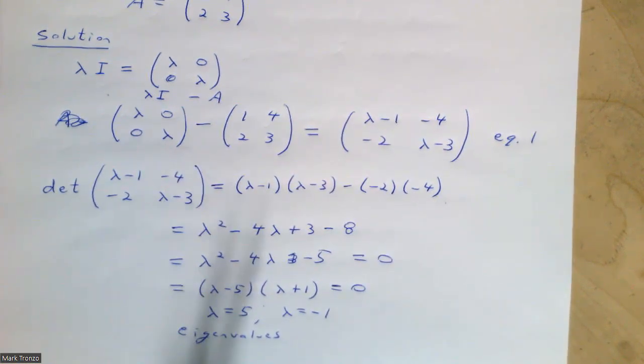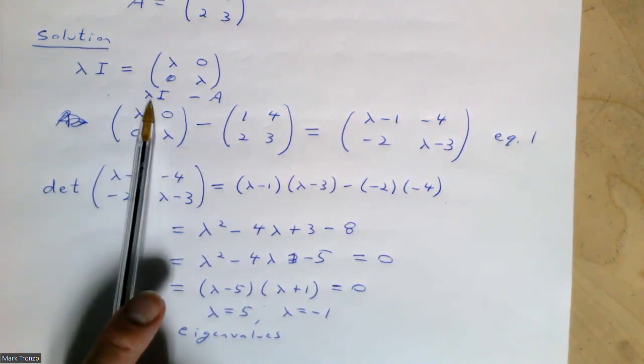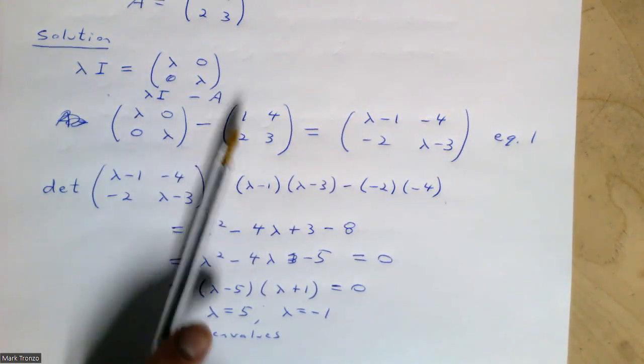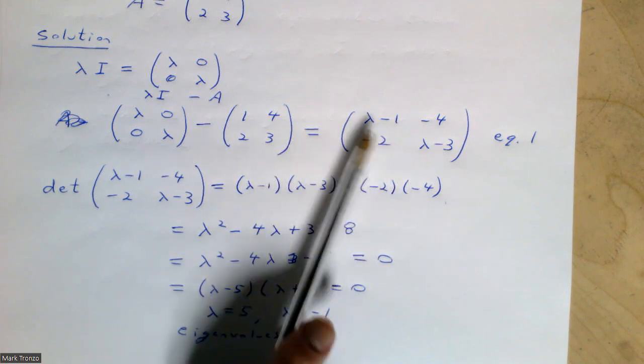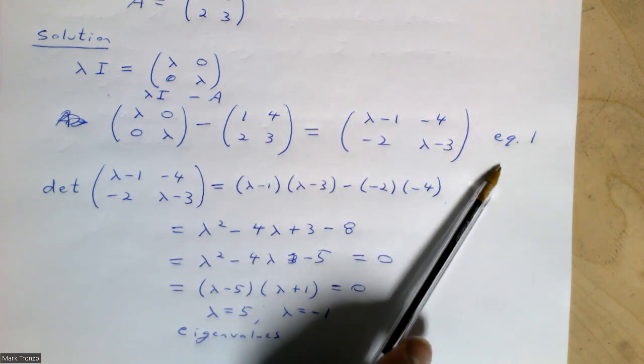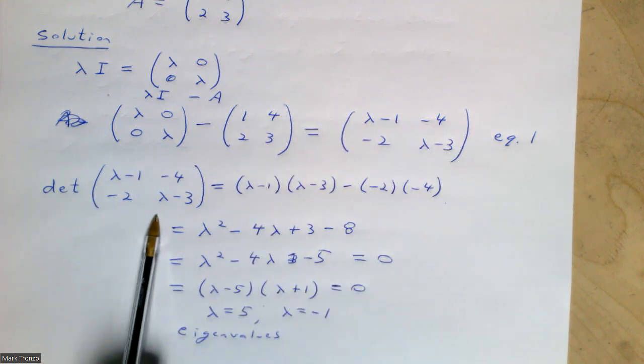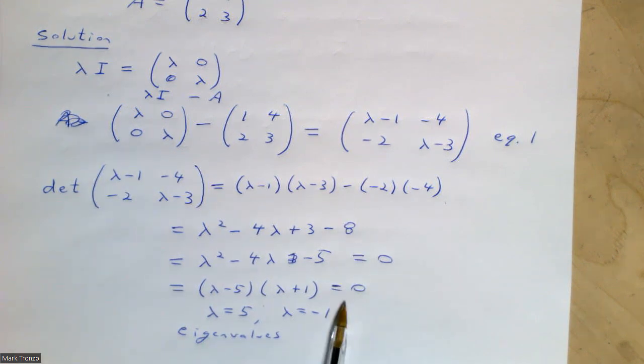And so once again, just to review how we did that, we took lambda I minus A, worked that, called that equation 1, then found the determinant of that and set that equal to 0. And then factored, found the values of lambda, gave us this.